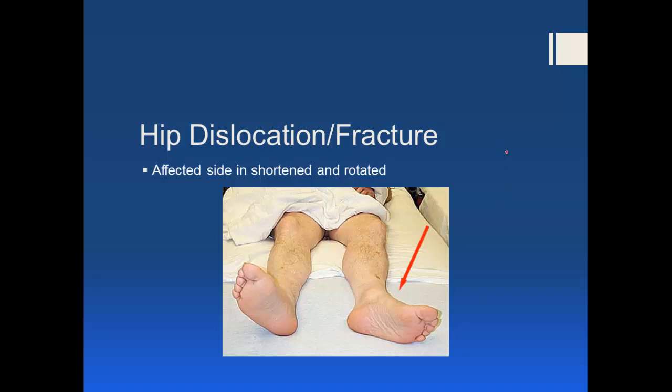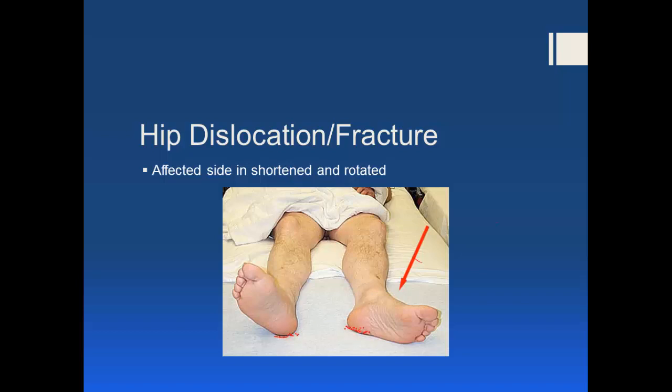I'm going to point out a couple of these. This is a hip, either an anterior dislocation or a fracture. You can see this because he's sitting up. He doesn't have his foot turned out, and if you could measure, this heel is going to stick out farther than this one. So this one's actually back further.